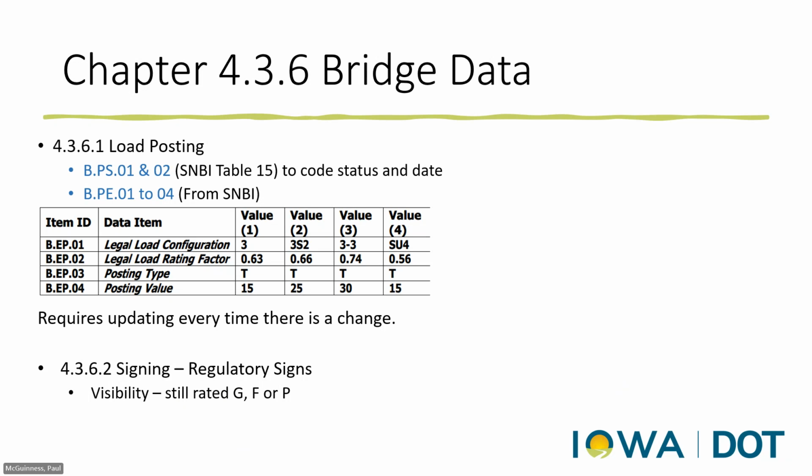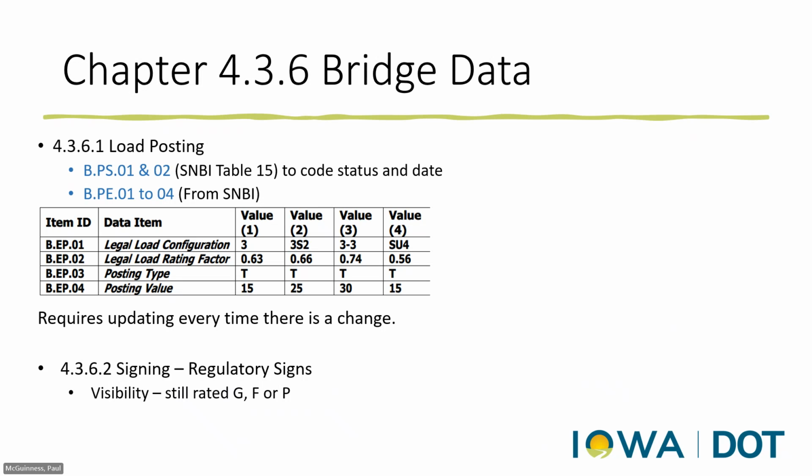Then if it requires posting, they require the posting type, which is the type of sign. In this example, it shows T. T would be for a silhouette type posting sign that has the multiple truck silhouettes with a posting limit for each one. And if it was just a gross weight restriction, that would be coded G. And there's several codes in there for different types of posting signs, depending on local or state requirements.